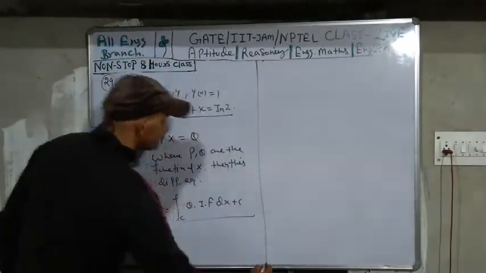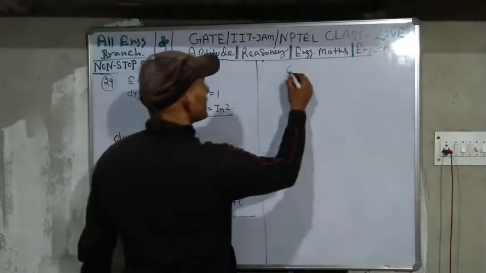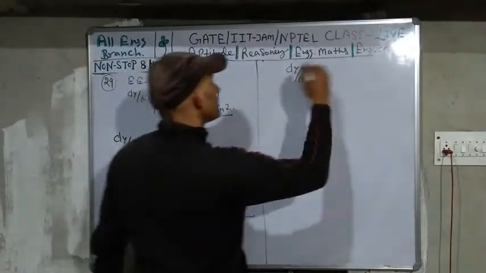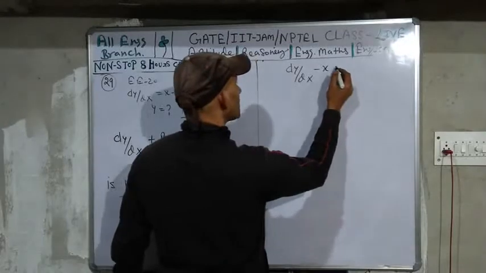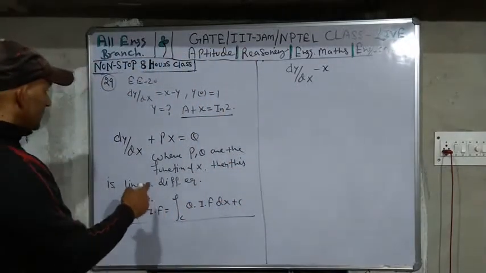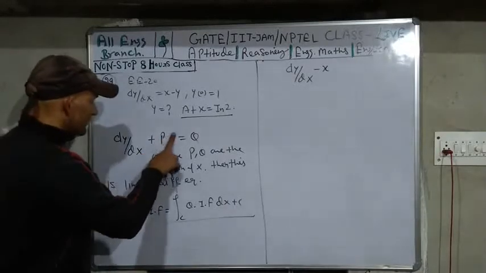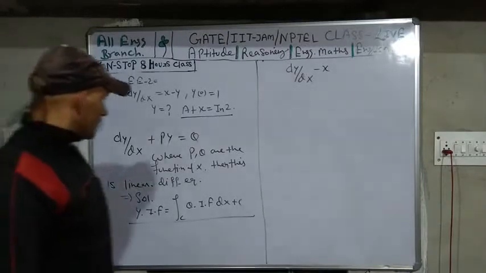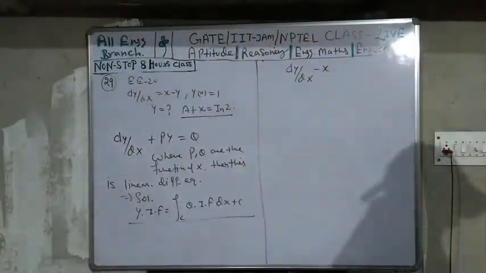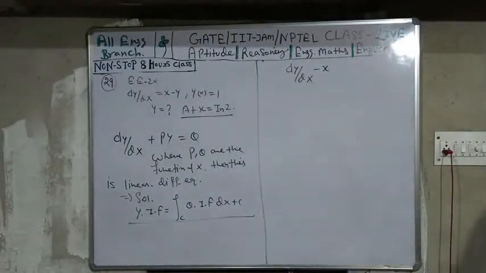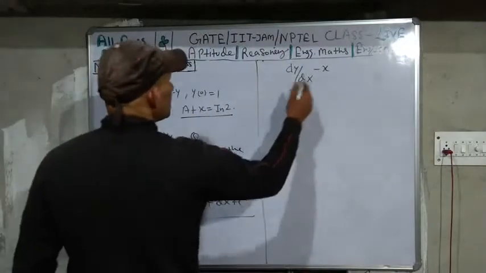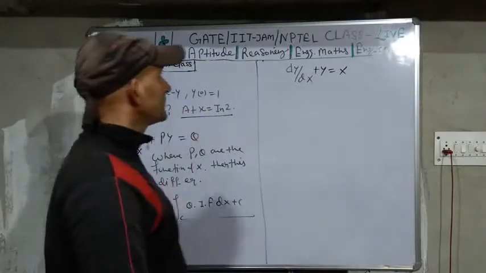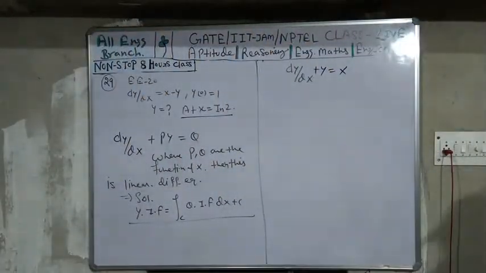Now see, your question is dy/dx = x − y. Moving y to the left, y comes here: dy/dx + y = x, in the form dy/dx + Py = Q, where P is a function of x.